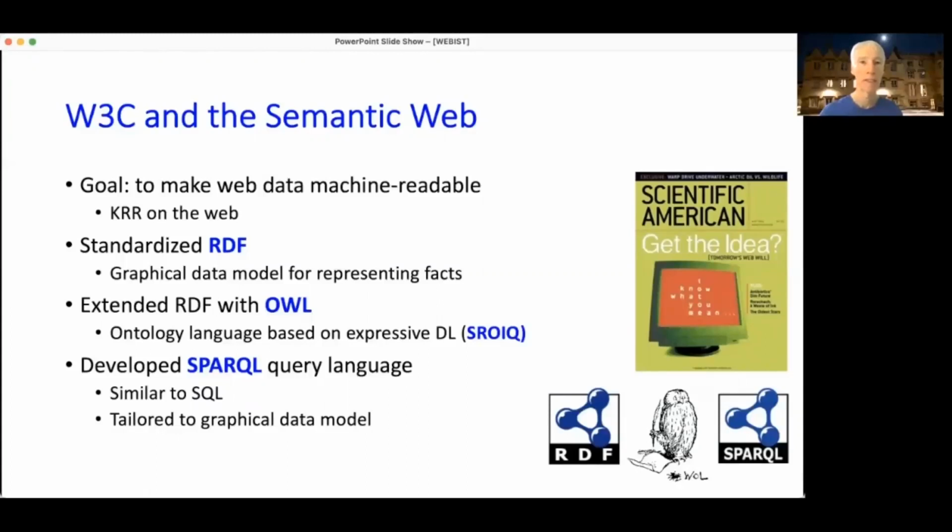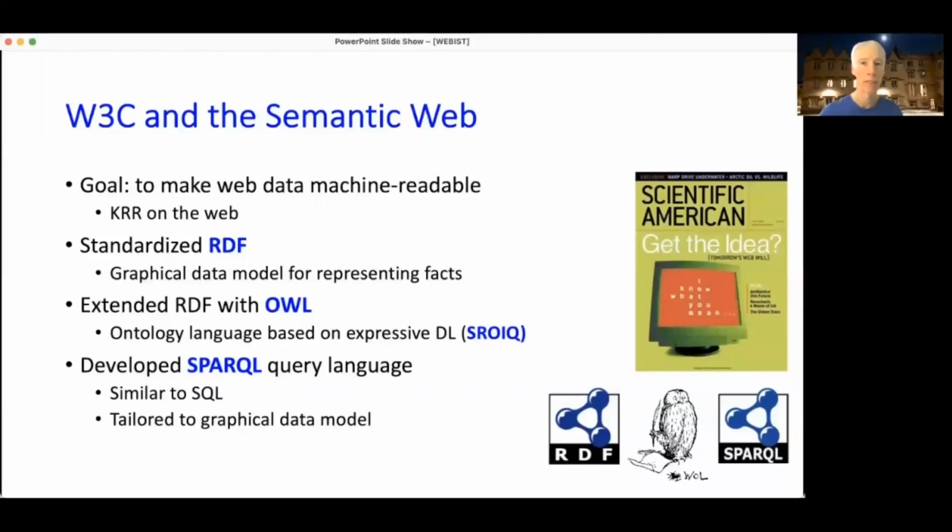As we've already seen, basic RDF triples can be seen simply as ground facts, or equivalently as what is often called an A box in description logic. RDFS was extended with OWL, an ontology language based on the SROIQ description logic.